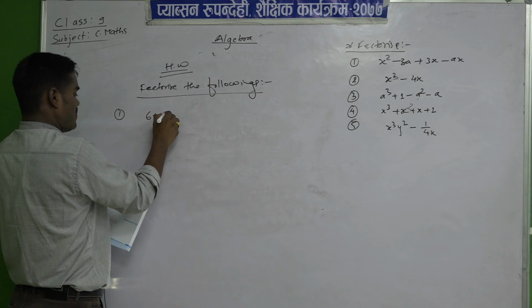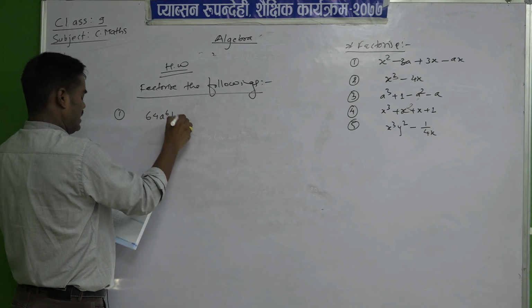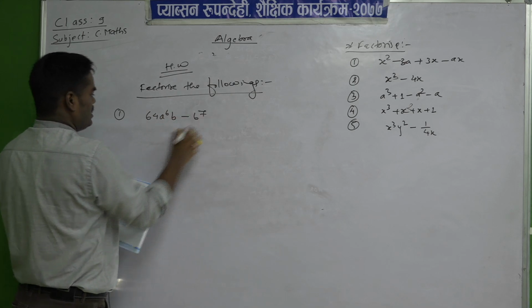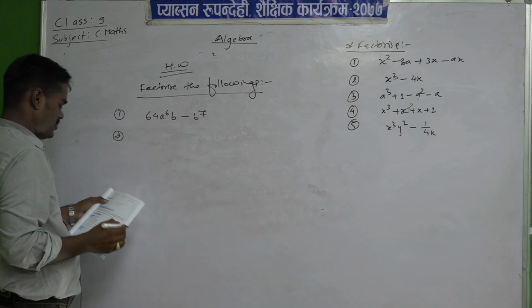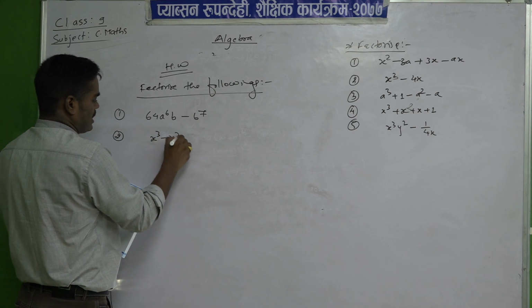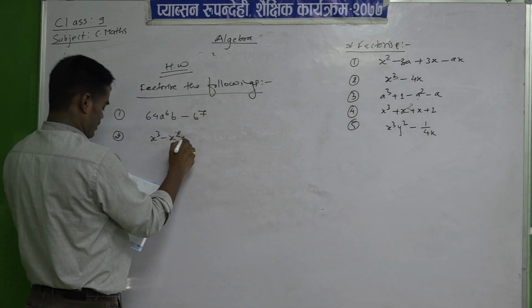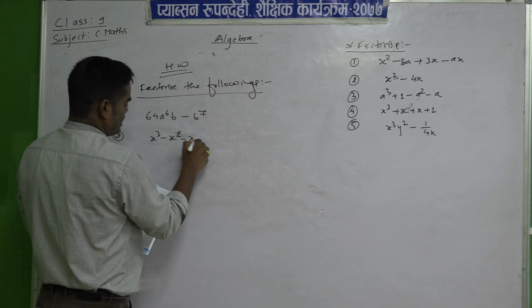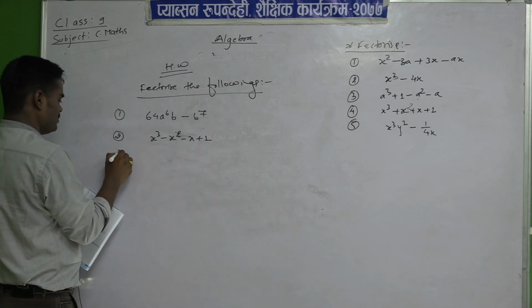Number 1: 64a power 6 b minus b power 7. Number 2: x cube minus x square minus x plus 1.